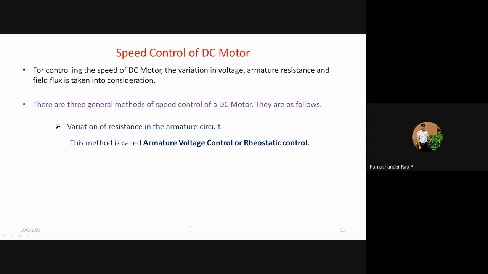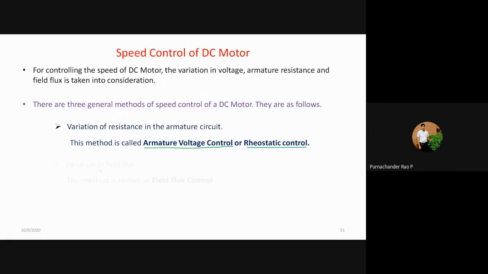I need to include one rheostat or extra resistance in the armature circuit, so that I can change the armature resistance and the speed of the motor can be varied. This method is known as the armature resistance control method or rheostatic control method.